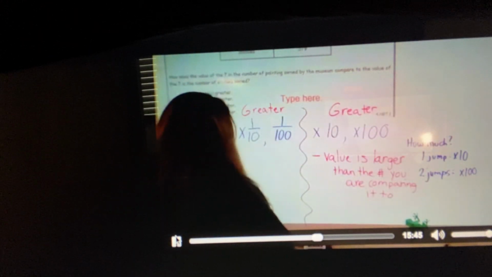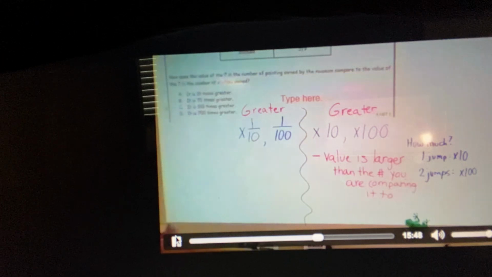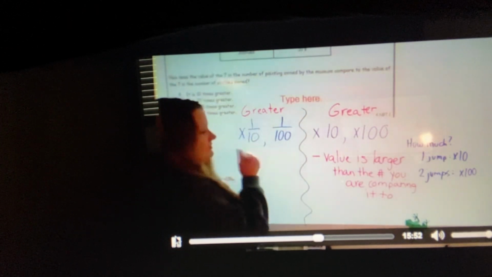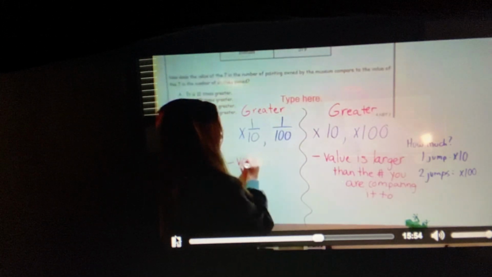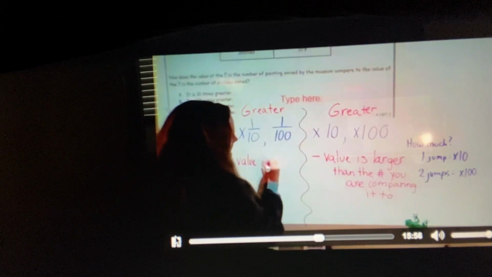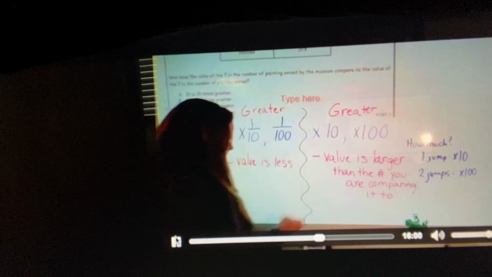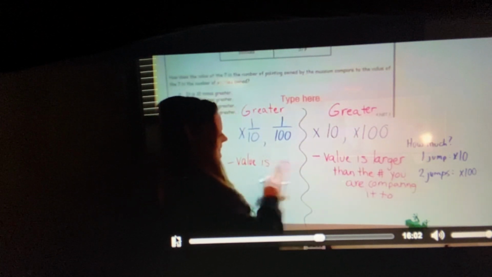Let's go over here. If you answer that your number is times 1/10 greater, you are telling me that the value is less. Well, I'll say smaller, I guess, to match what I wrote over there.